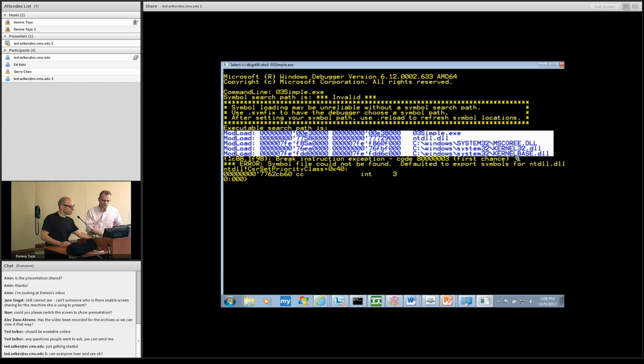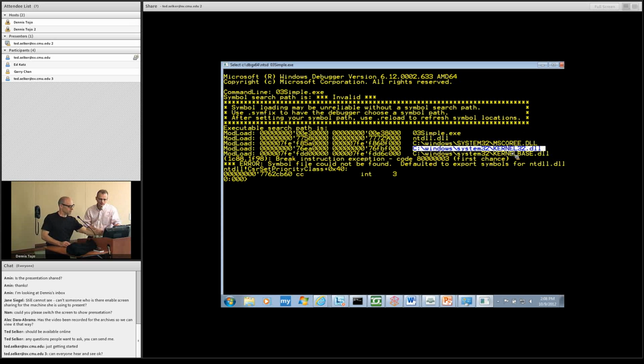So kernel32, kernelbase, things like that. And then really you see this blinking cursor down here, and all that the debugger is doing right now is just asking you to enter some commands for your debug session to figure out what is going on. The process is suspended at this point. So if this was a service that was processing requests, those requests are going to be denied. Right, this is live debugging.